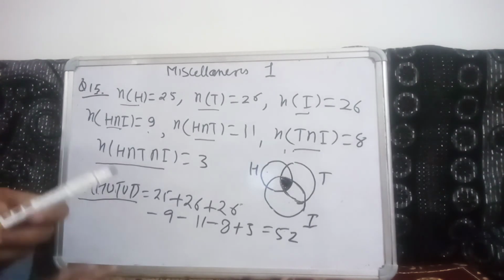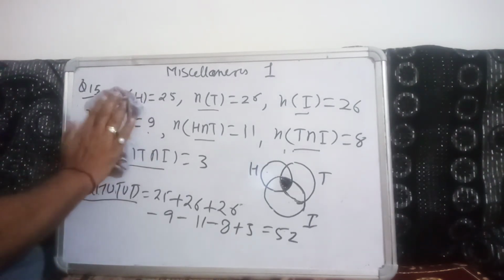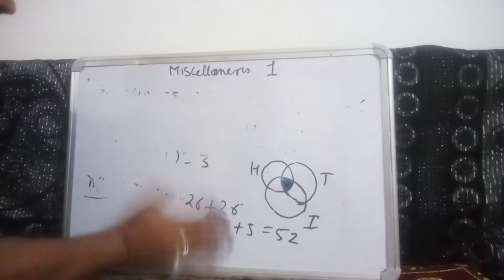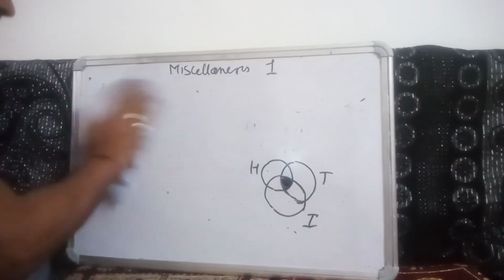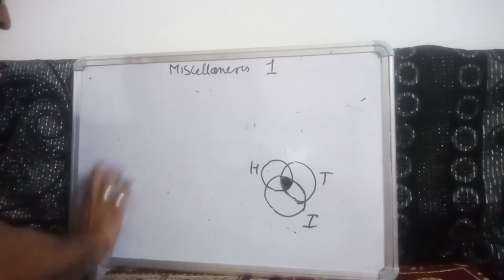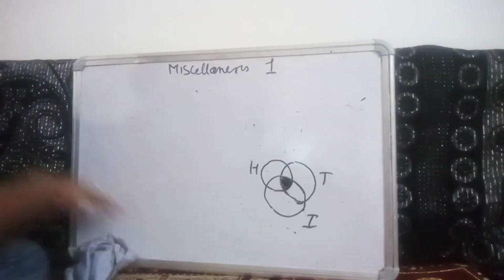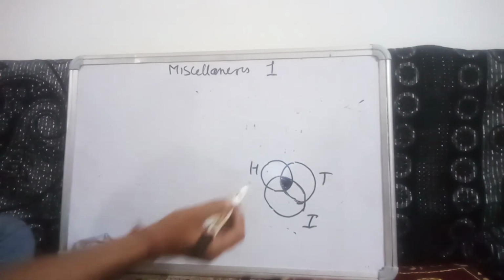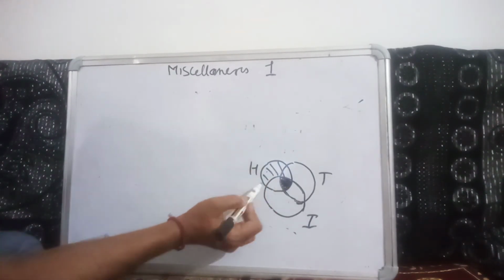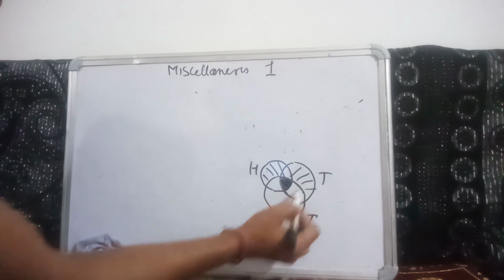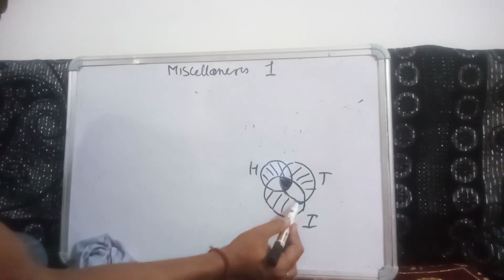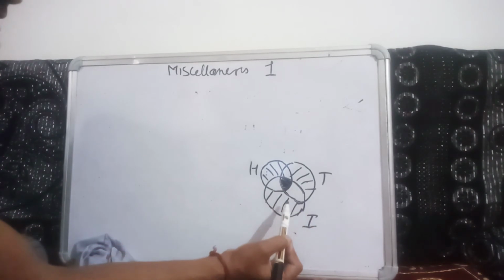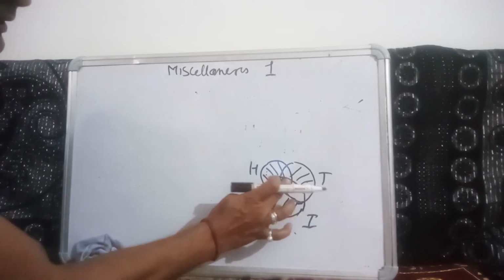Now the second part says, let me erase this. Question number 15, second part says, what is the number of people who read exactly one of the newspapers? Exactly means only this part and only this part and only this part. So we have to add this part, this part and this part, right?